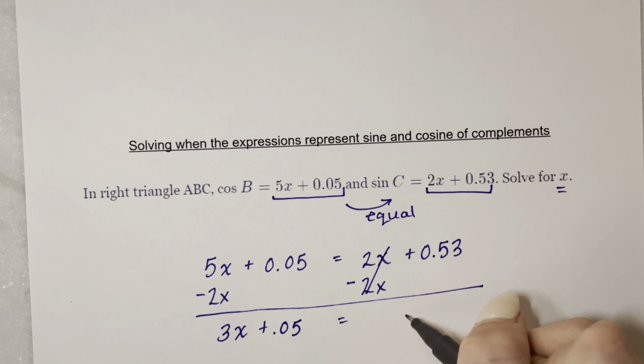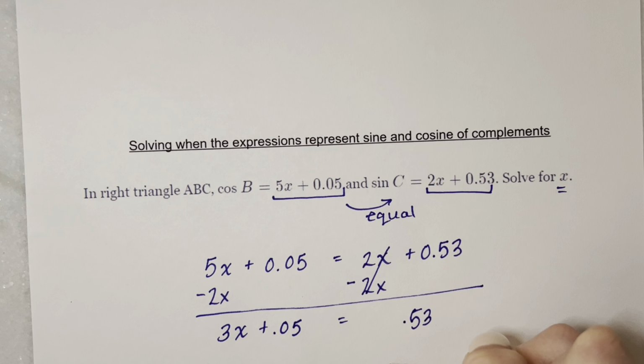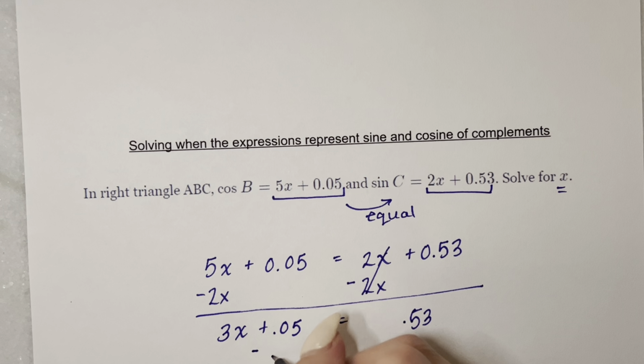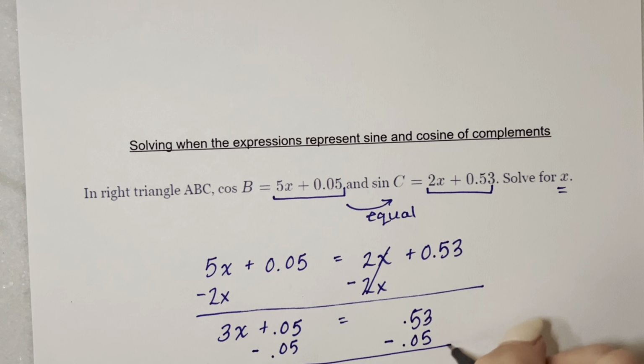That zeroes out, and you get 0.53 over here. I can subtract 0.05 minus 0.05. So I get 3x equals 0.48. And then divide both sides by 3.